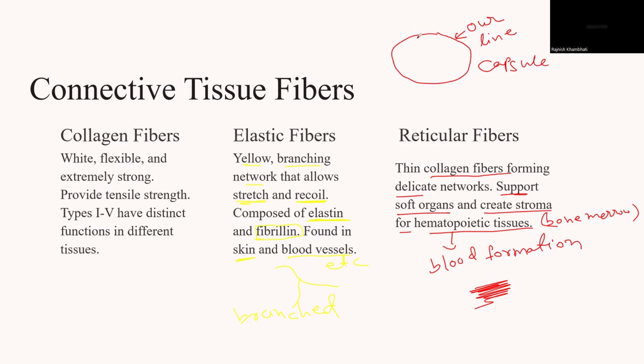The whole inner portion will contain cells of that particular organ, and those cells are suspended in this matrix, which is called stroma. Stroma is a supporting medium, and in the stroma, other cells are present: the cells of that particular tissue.